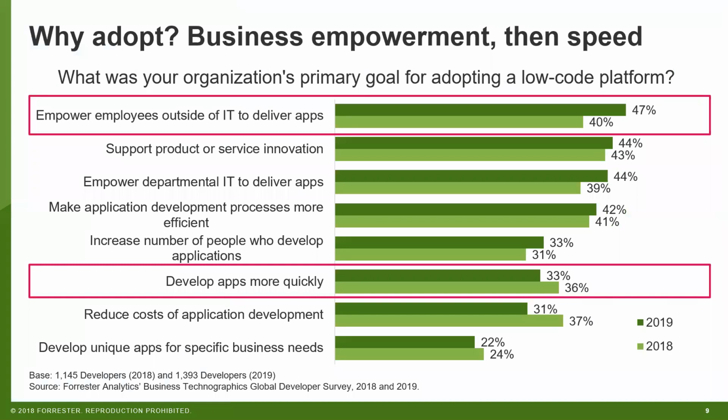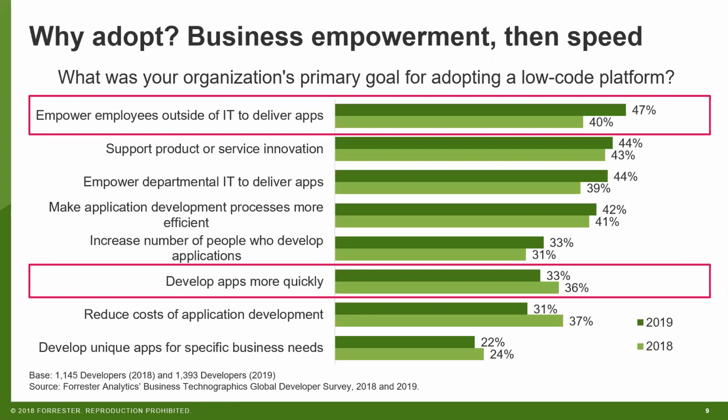So, a very important connection between low code development platforms and innovation. There's also a finding that's emerging about the connection between low code and the decentralization of application development talent.